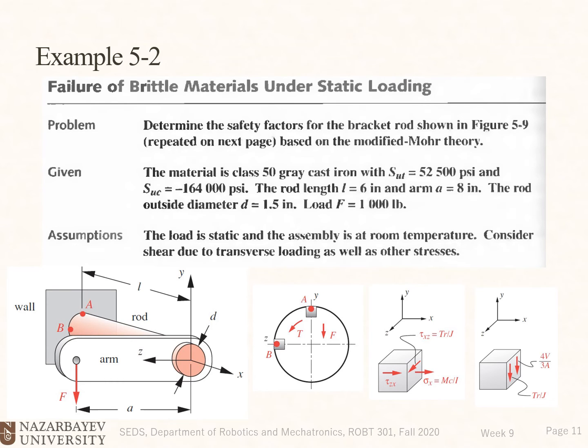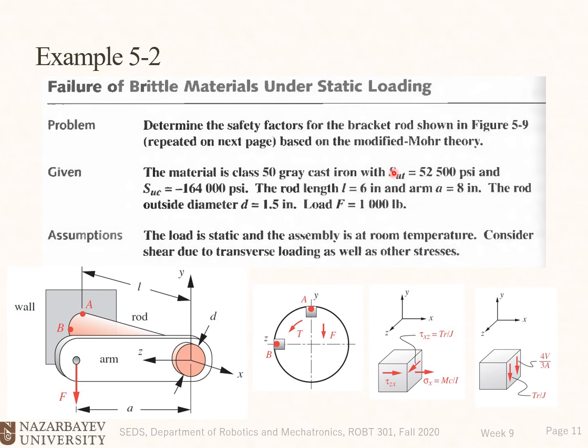Okay, let's go through this example. We had a similar example for the ductile material, a bracket. We have a force applied here. We have all the geometry here. The only difference is that the material here is brittle, a class 50 grade cast iron.